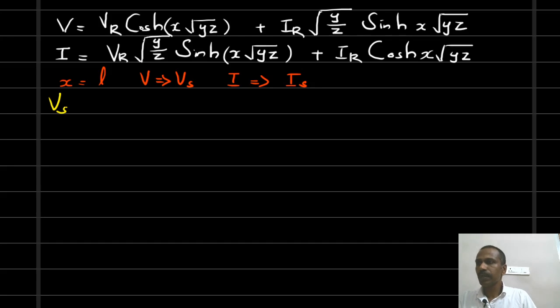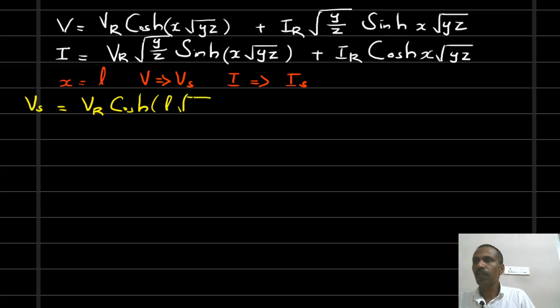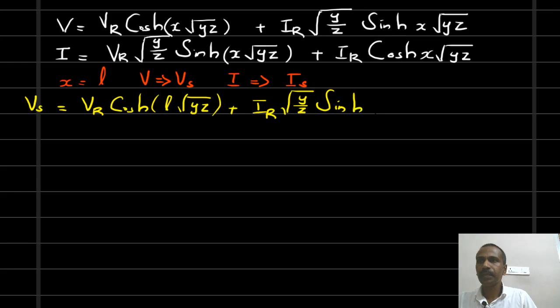So Vs equals VR into cosh(length L into root of YZ) plus IR into root of Y by Z sinh(length L into root of YZ).